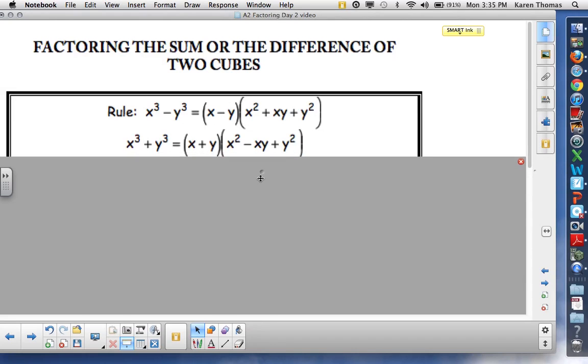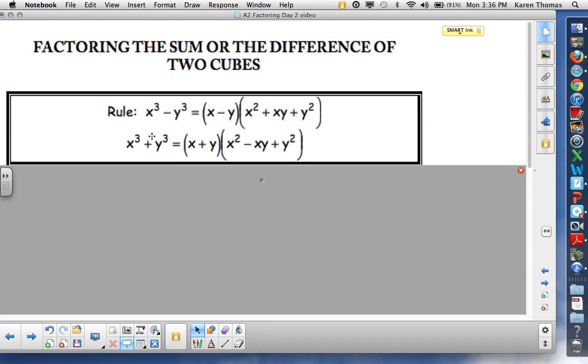Let's look at when we have the sum of two perfect cubes. What we'll do with this is the same pattern, where I take the cube root of the first term and the cube root of the second term, and write those in my first set of parentheses. I then take these two, square the first term, and write x squared.